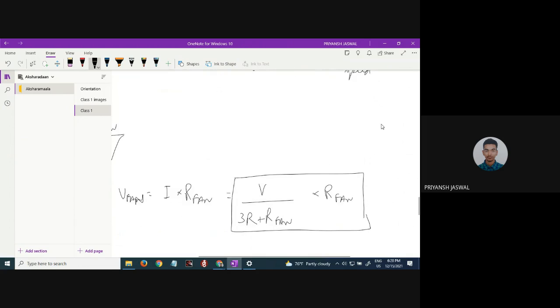Okay, so this is the voltage drop across the fan when the knob is at 1.